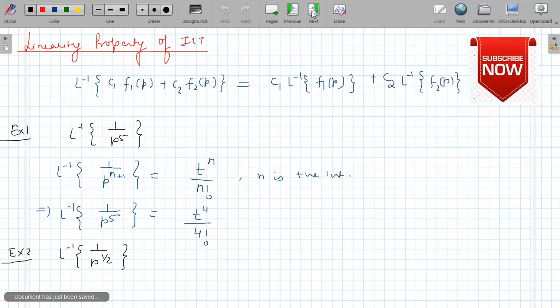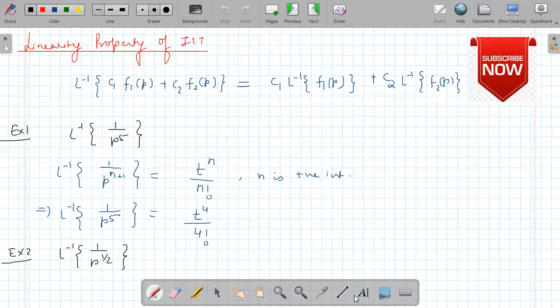So Laplace inverse, let me draw a straight line here.